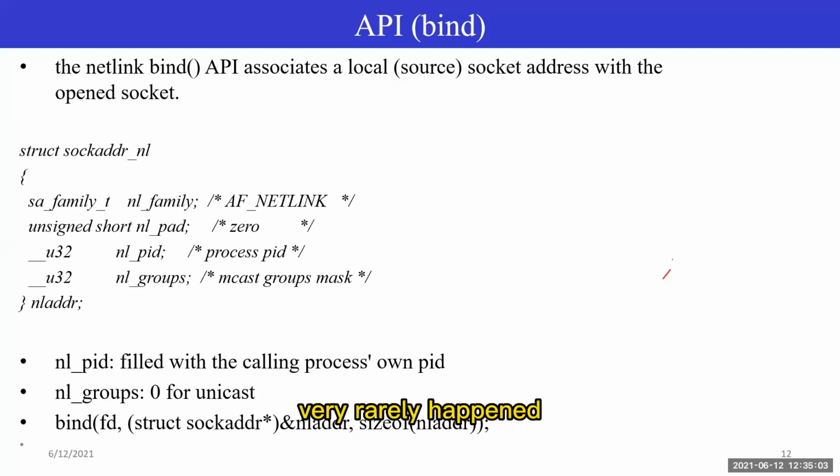But that very rarely happens because the resources are quite high. The socket buffer is quite large. It's very rare that the socket queue is overloaded and you do not have any more buffer to queue any more packets.